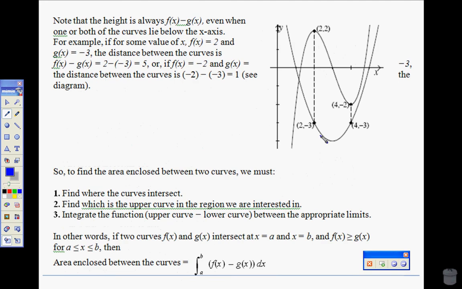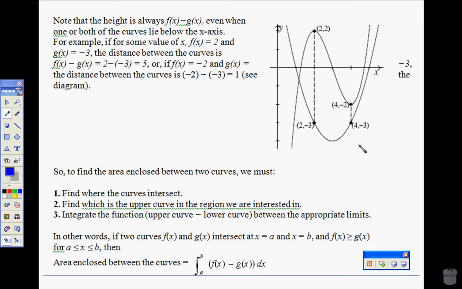The good thing about this one, unlike what we've done before where we have areas below the curve, is that it really doesn't matter if the curve is above or below the x-axis. We're only looking at the area between, and it will always give us a positive area.